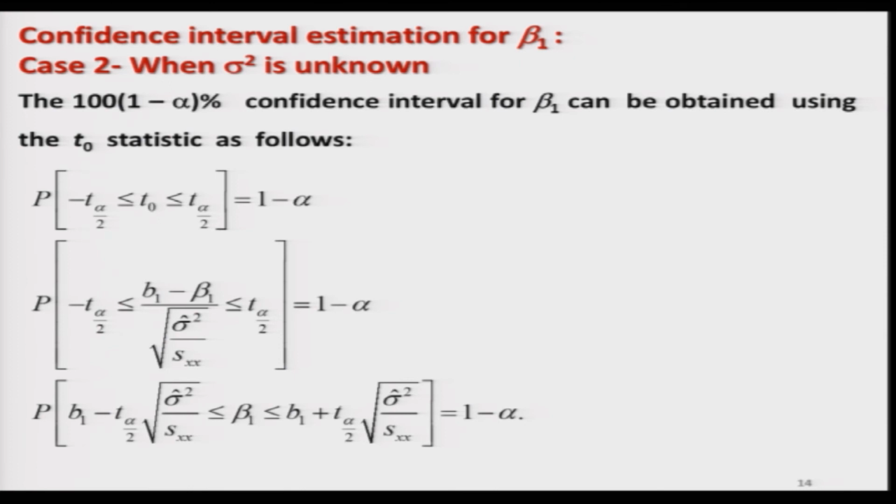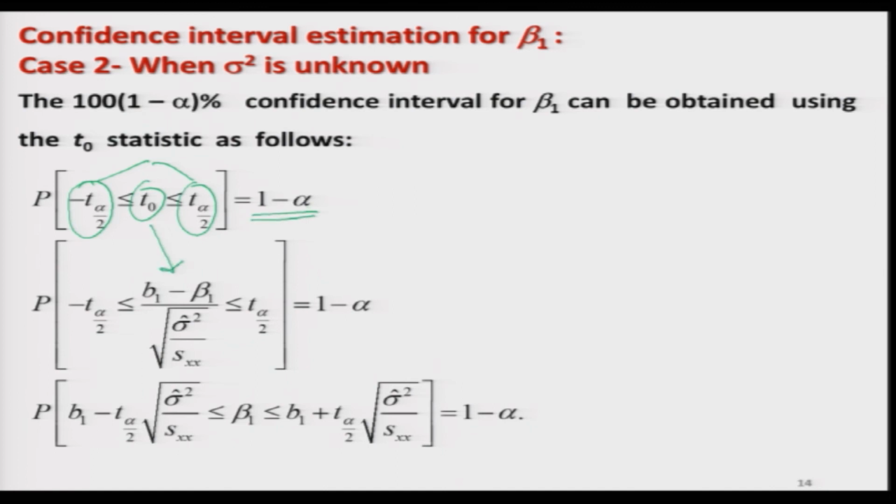Now, the 100(1 minus alpha)% confidence interval for beta 1 can be obtained using the T0 statistic, and we assume that this T0 lies between minus t alpha by 2 and plus t alpha by 2, where these two values are the critical values obtained from the t tables, and the probability of such an event is 1 minus alpha.